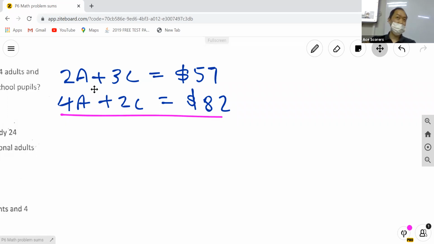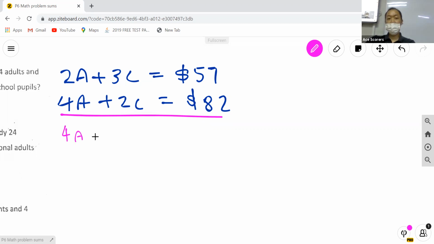Princeton, it's right in front of you. Which one do we make the same? Does it matter whether you make adult same or children same? No, it doesn't. You can either make adult same or make the children same. Let's say I make the adult the same. Can you tell me what's a common multiple? Let's use 4.